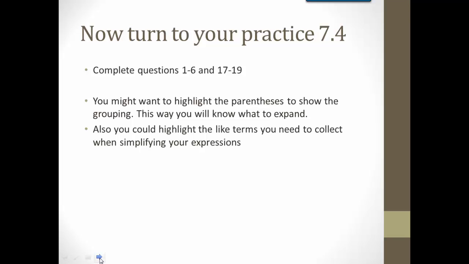Turn to the practice page 7.4 in your study guide and complete questions 1 through 6 and 17 through 19. Just those two groups. You might want to highlight the parentheses to show the grouping. This way you'll know what to expand. You also could highlight the like terms you need to collect when simplifying your expressions.